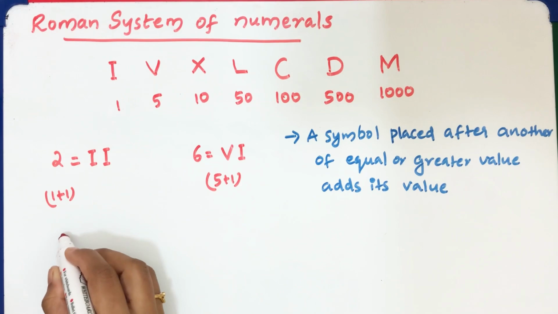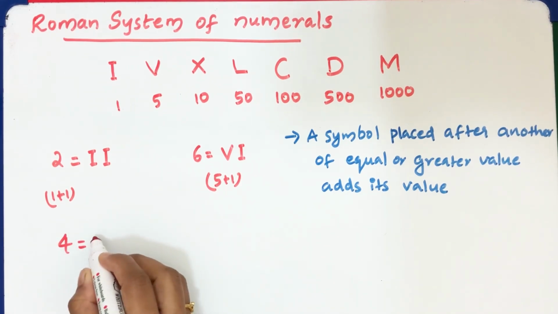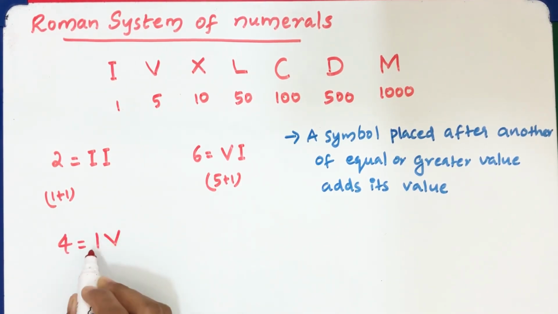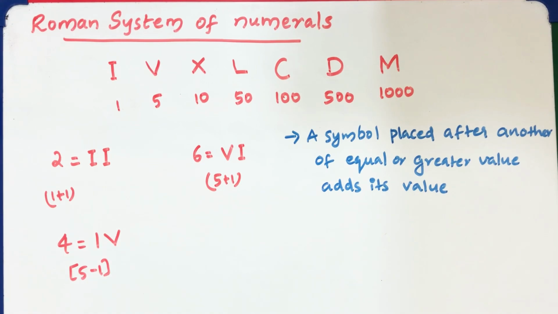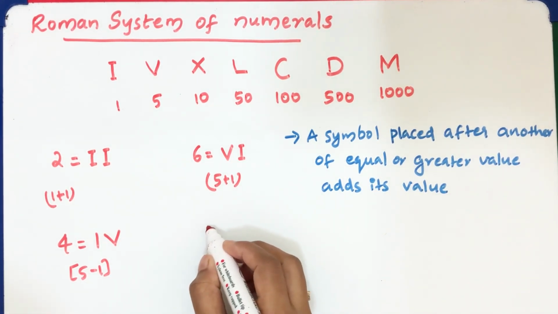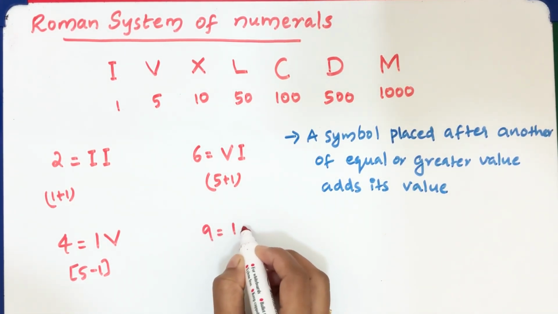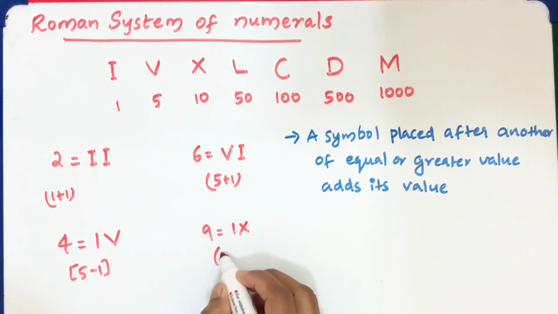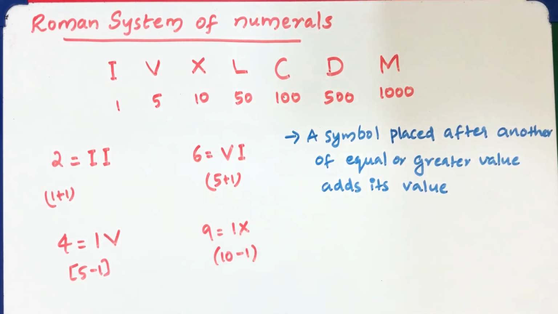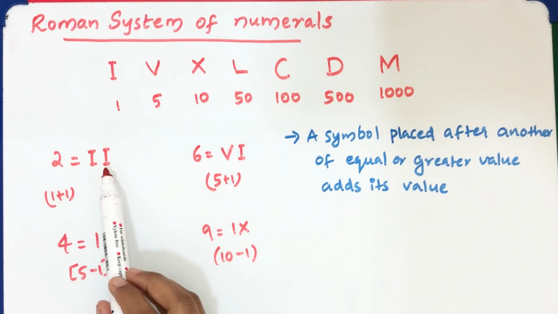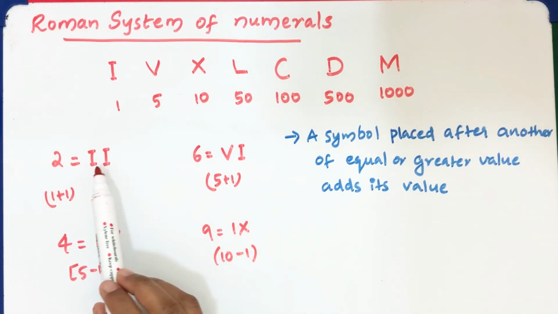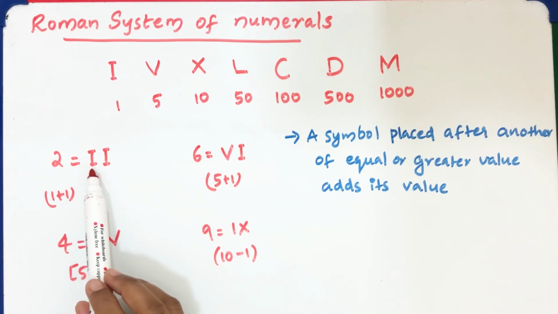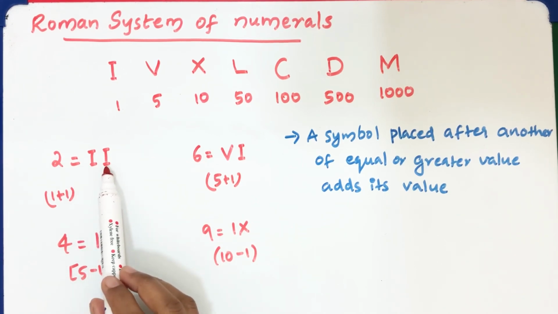Next, see how to write 4. 4 we write like this. 1 and 5. Or we can say 4 is 5 minus 1. And how do we write 9? 9 is 1 and 10. That is 10 minus 1. So here to add the value, we placed the value after the value or at the right of the value.